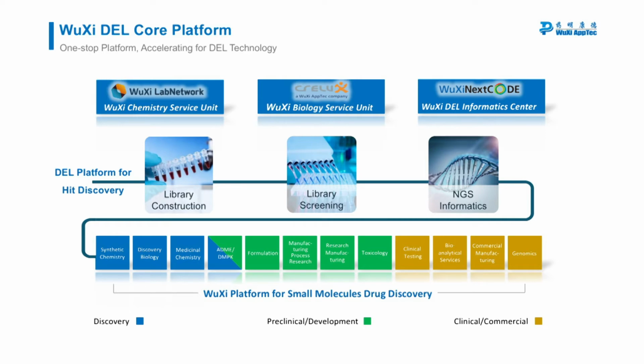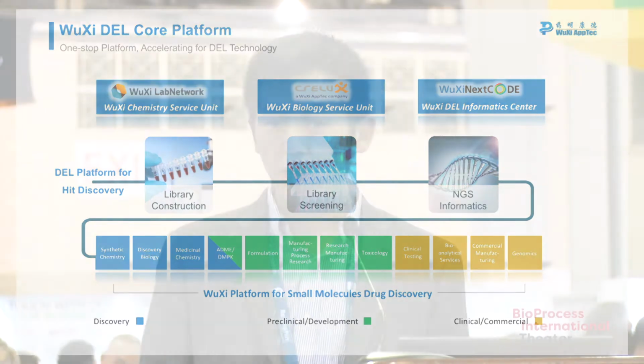Once a hit is identified, WuXi is capable of helping its clients drive the hit forward, all the way into the clinic, with other capabilities that WuXi has already built.